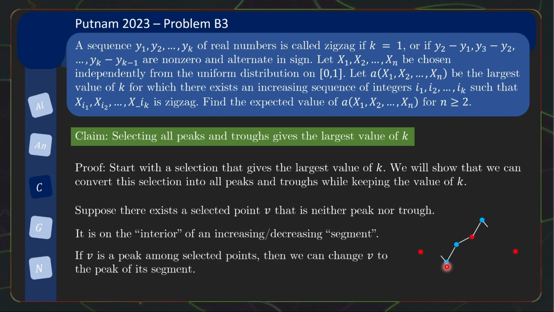Now, conversely, if V is a peak among selected points, I'll go over the argument again to make it clear. We can again change V to the peak of its segment. So it's the exact same argument.